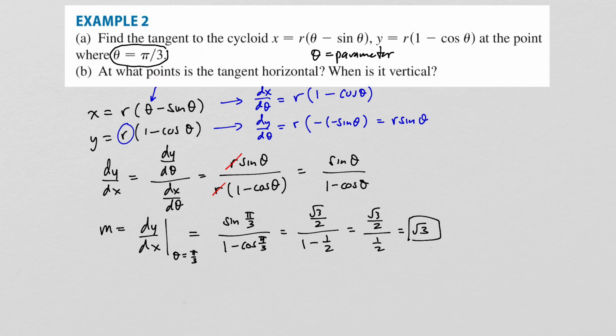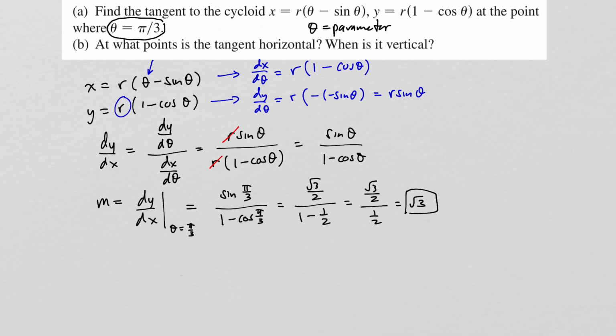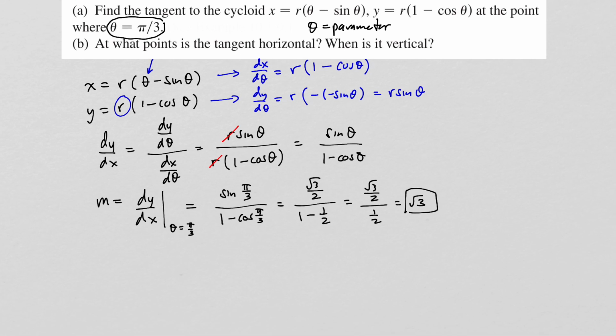But if you want to actually find the equation of the tangent line, you need x and y. And so x is going to be r times theta, right? Theta is pi over 3, minus the sine of theta, which is pi over 3. And y is equal to r times (1 minus the cosine of pi over 3).